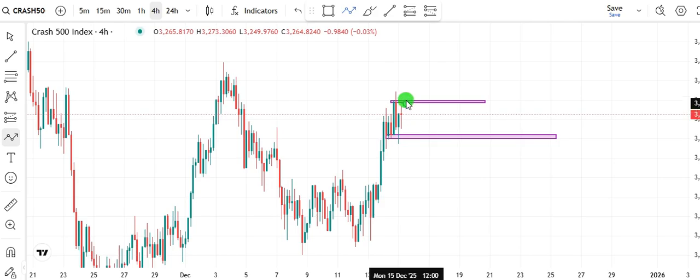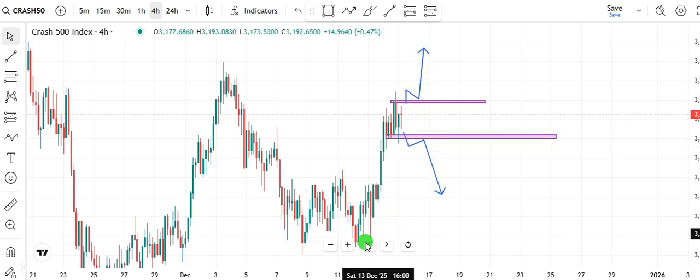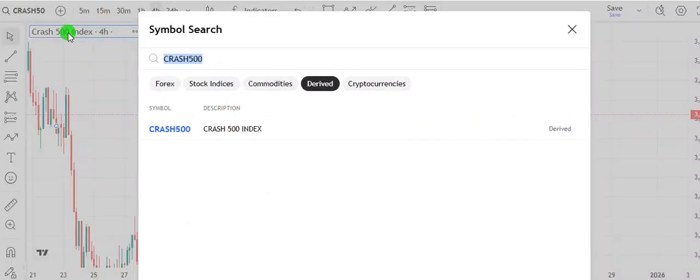I'm not going to check 15 minutes for entering at all. If I don't get the breakout above this or break below this, I don't think I'll do anything, because looking at this already, you can see a lot is going on around it. The bears and bulls are really fighting around it. So it's better to wait for a full breakout above this, closing above this fully, then take a long, or a break below this, shorting to this level. I'm not going to check the entry time frame, so I'm just staying out of it, except that actually happens. If that does not happen, I'll just stay out of the market.